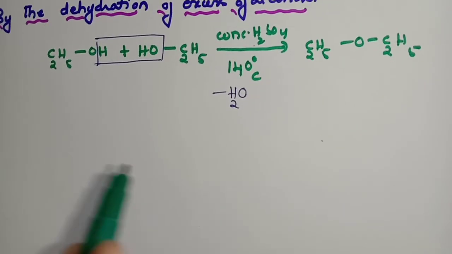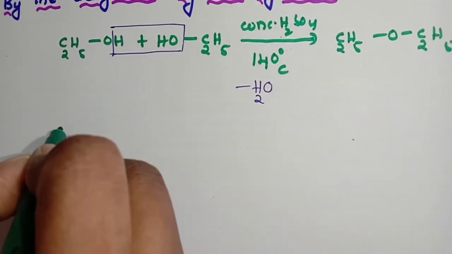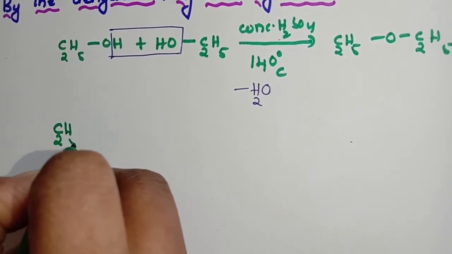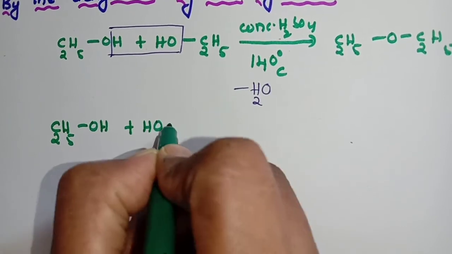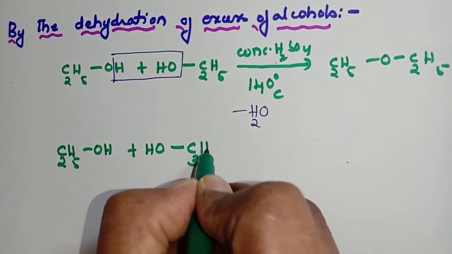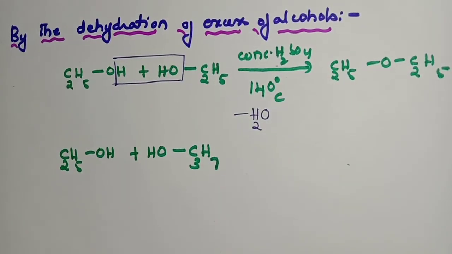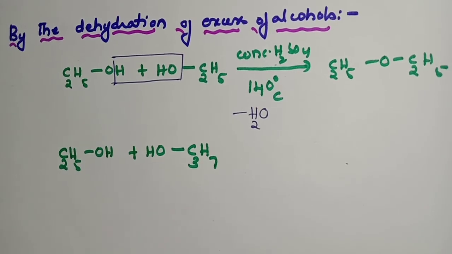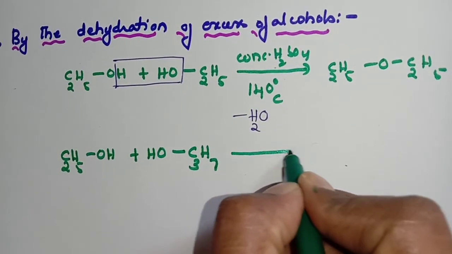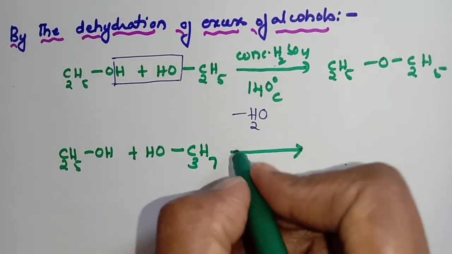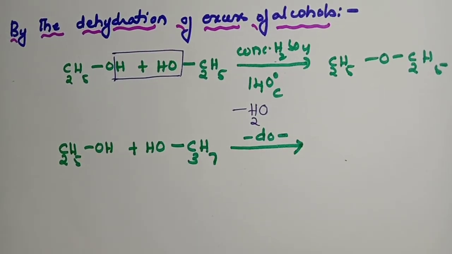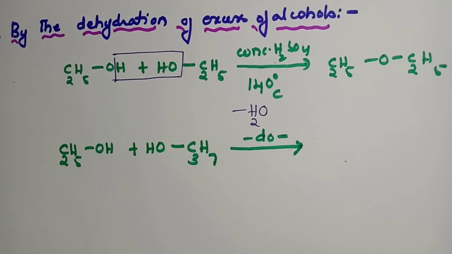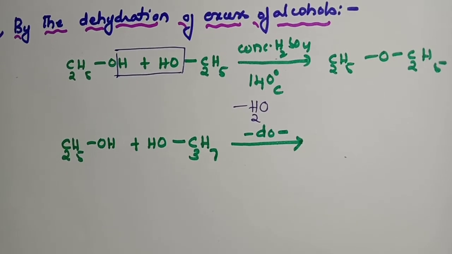Okay. Next, second interesting example, C2H5OH plus C3H7OH, ethyl alcohol and propyl alcohol. This reaction is carried out in the presence of the same concentrated H2SO4 and heated up to 140 degrees centigrade.